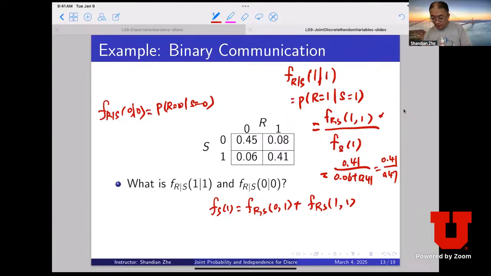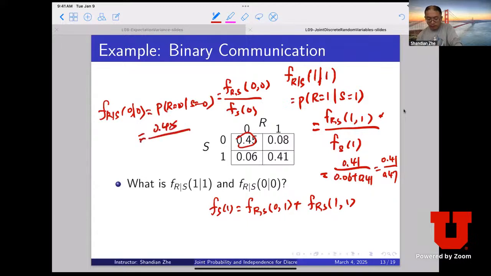According to the definition, you divide the joint density at zero, zero by the marginal density of S at zero, right? So what's the numerator? What's the joint density at 0, 0? 0.45, right? So 0.45.